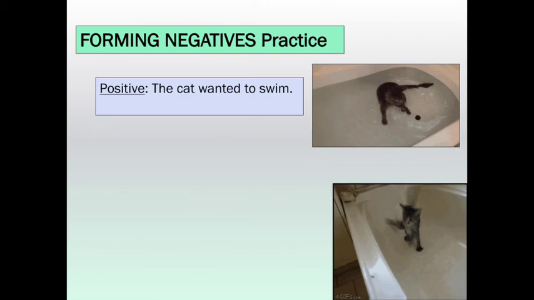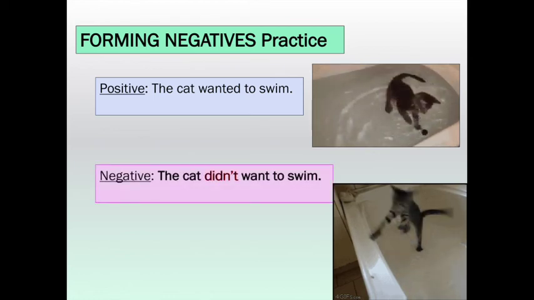So we need to add the auxiliary verb. Do you remember what auxiliary verb we use for past simple? Did. So, the cat didn't want to swim.